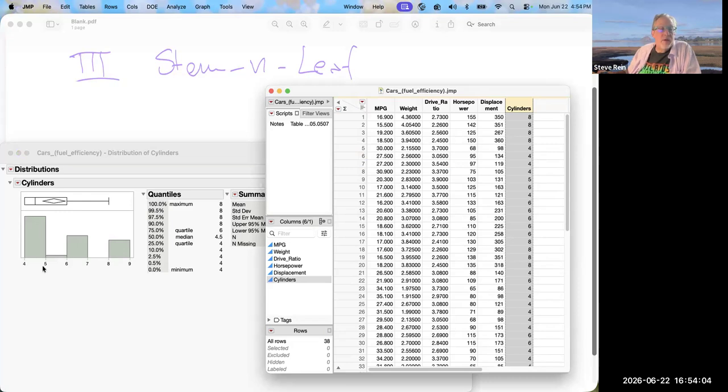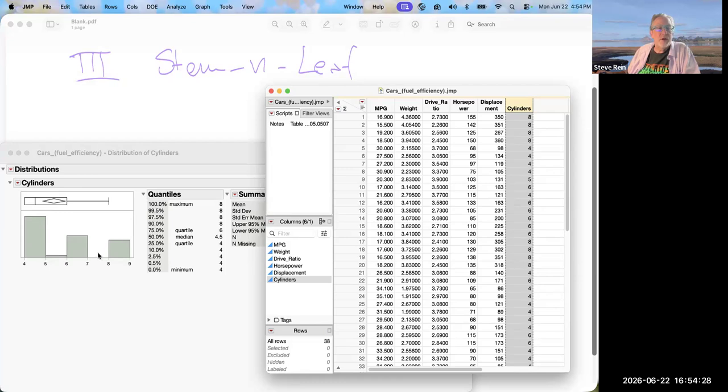If there's a value in a histogram that's right on the boundary, like from 4 to 4.99999, 5 to 5.9999, if it's right on the boundary, it's in the bar to the right, not in the bar to the left. If there's a 7-cylinder car, it would be showing right here.